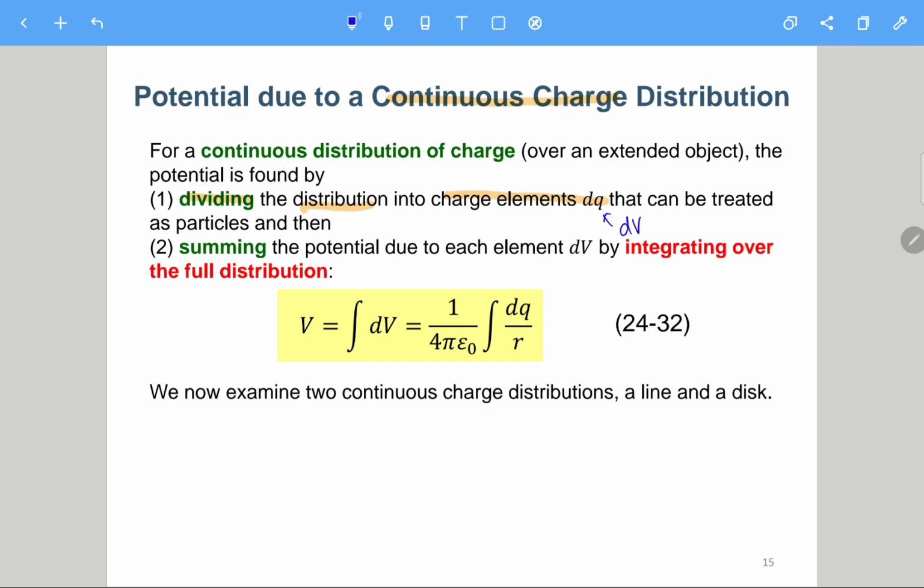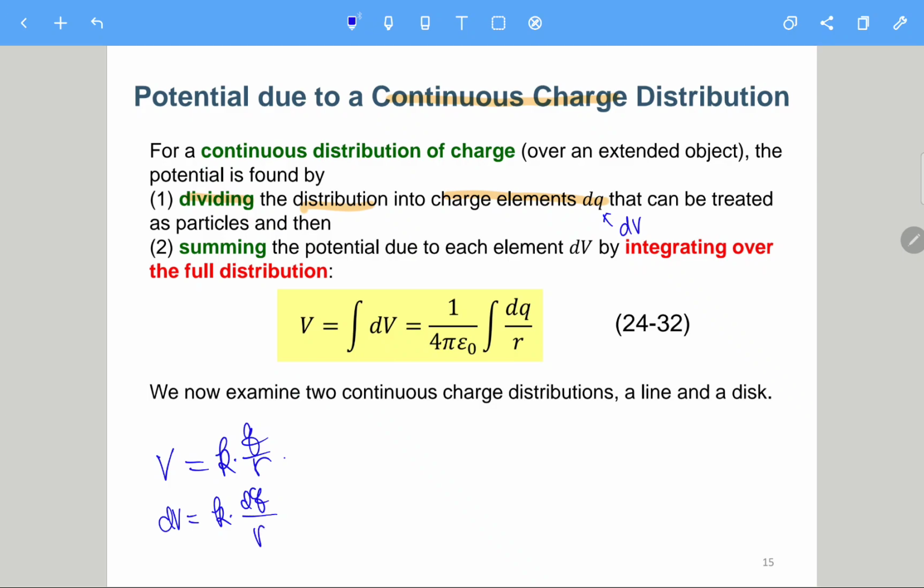Originally we have V equals k times q over r, so now we have dV equals k times dq over r.